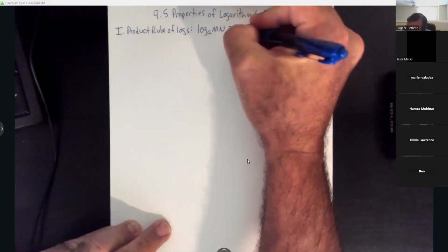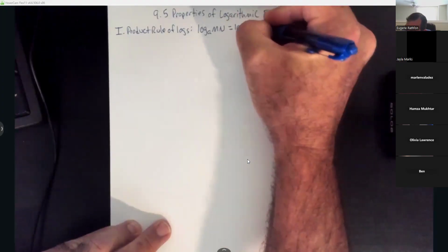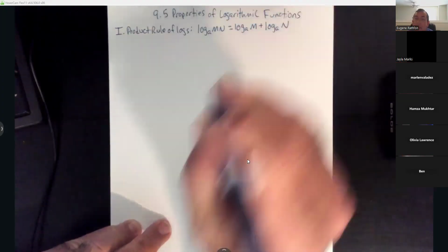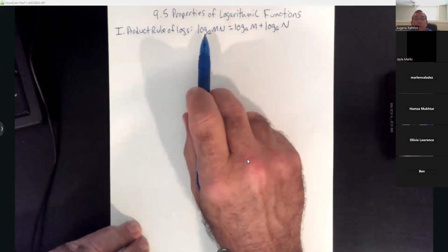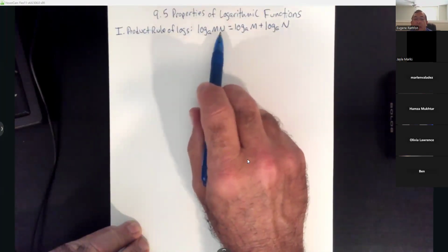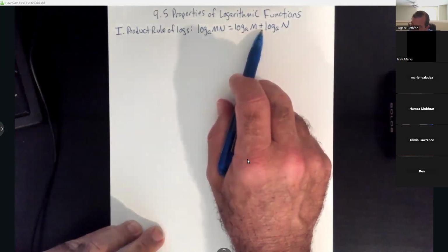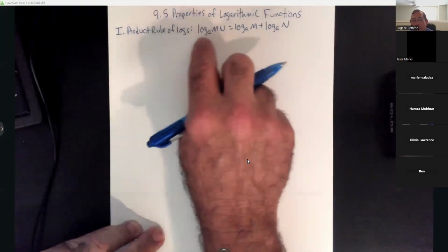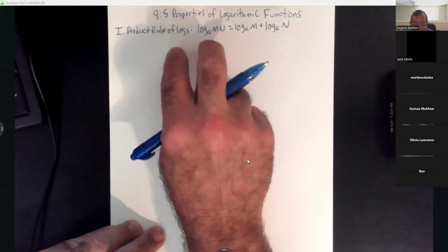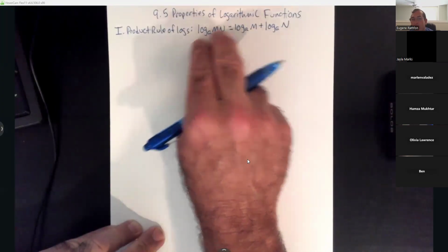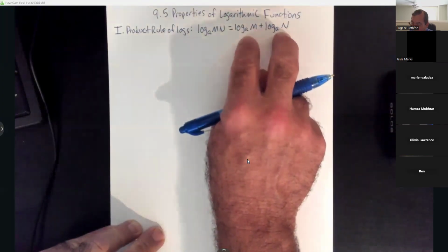So that would be log base A of M plus log base A of N. So we sort of distribute the log to each of the factors and rewrite it as a sum. When you're playing with these problems, the examples are going to say express as a sum. So we'll start with a product and rewrite it as a sum.